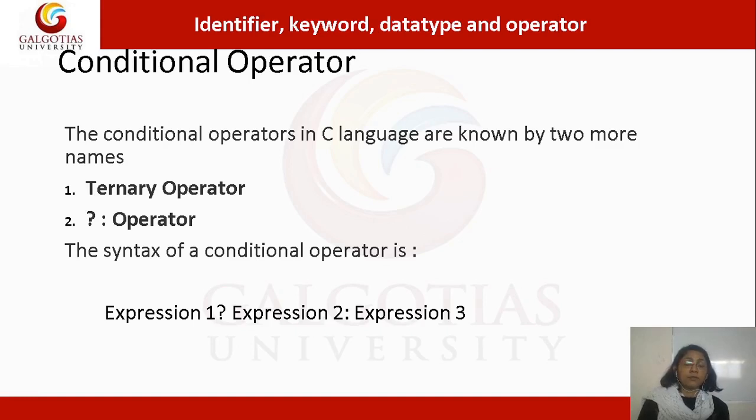For example, if you want to check whether a number is even or odd. In expression one, if we consider the number to be in a variable a, we write a mod 2 equal to 0.